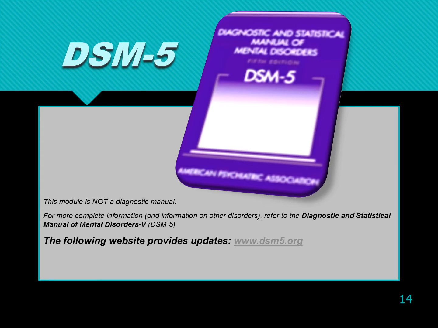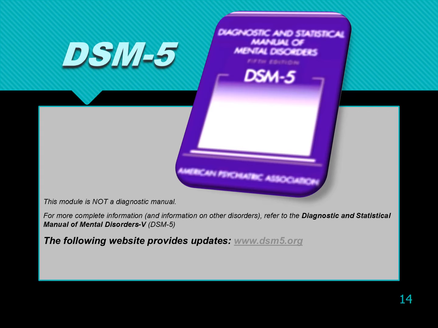For more complete information on other disorders, refer to the Diagnostic and Statistical Manual of Mental Disorders 5, also known as the DSM-5. It was published in May of 2013. The DSM-5 contains a more extensive discussion of these categories as well as numerous other classifications of disorders.